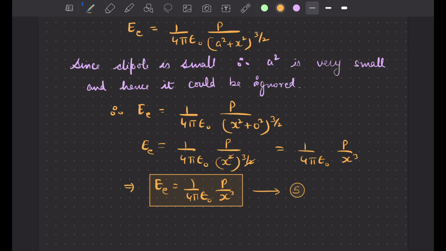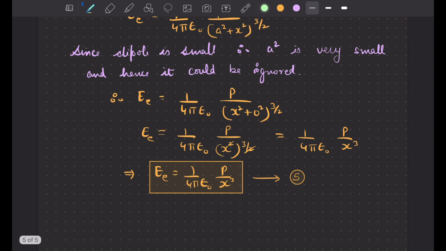If you could recall the previous article, you can easily compare that the value of electric field intensity on the axial line of the dipole was 1 upon 4 pi epsilon naught 2p upon x cube. This implies I can write it as E axial is equal to 2 times 1 upon 4 pi epsilon naught p upon x cube.